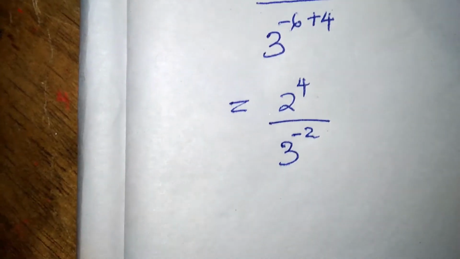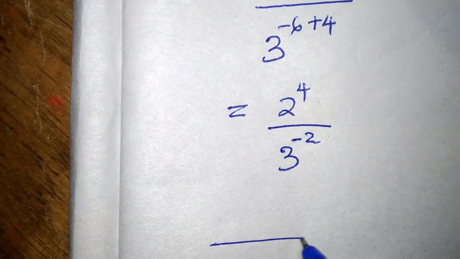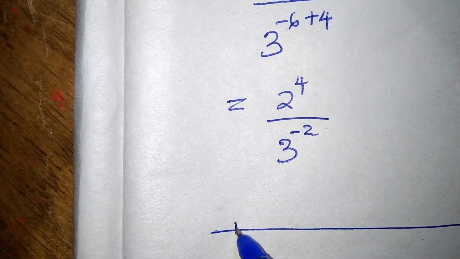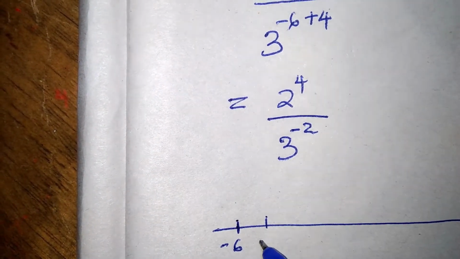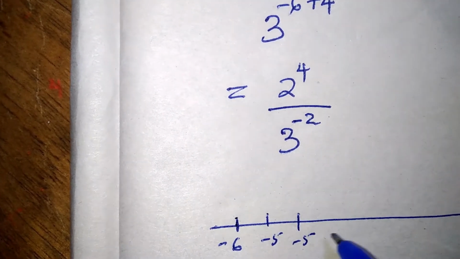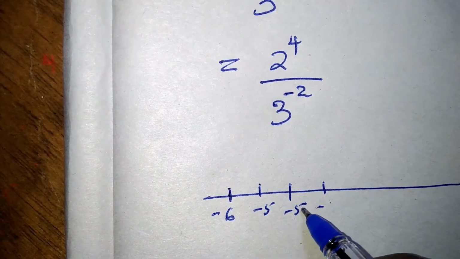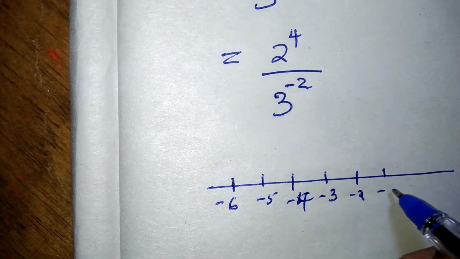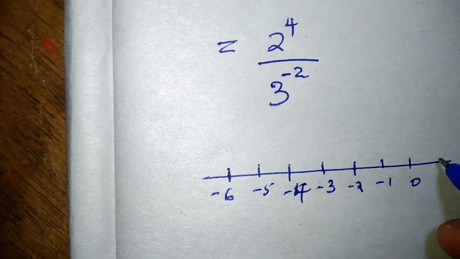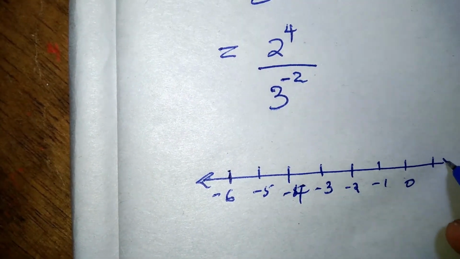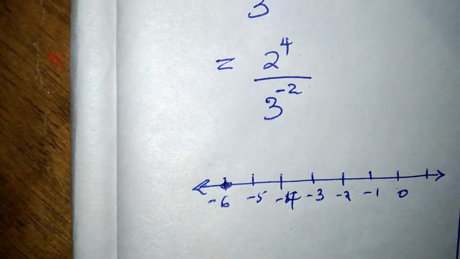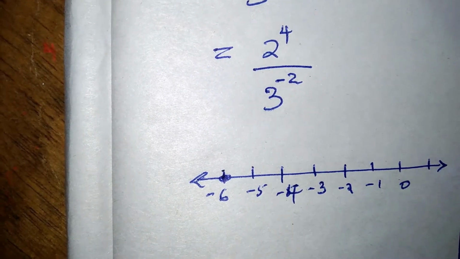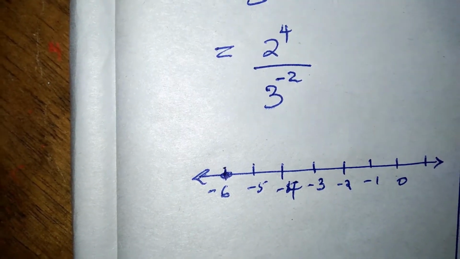If we use a number line, we can be able to tell where that value is. We have negative 6, negative 5, negative 4, negative 3, negative 2, negative 1, 0, 1. Now, if we have negative 6, when we add, we move towards the positive side, or towards the right hand side.